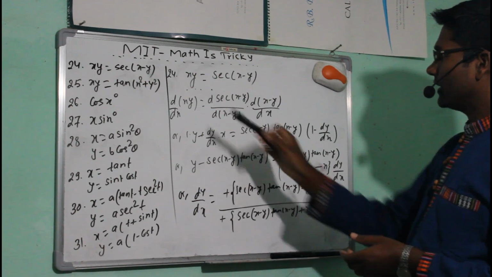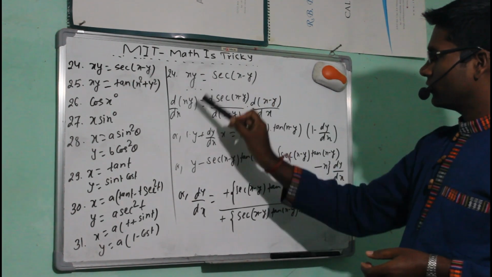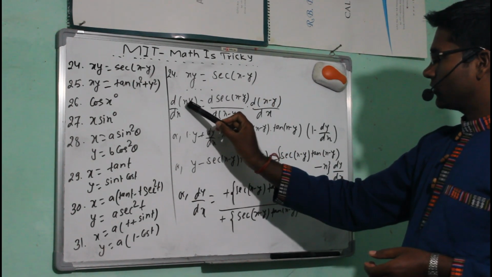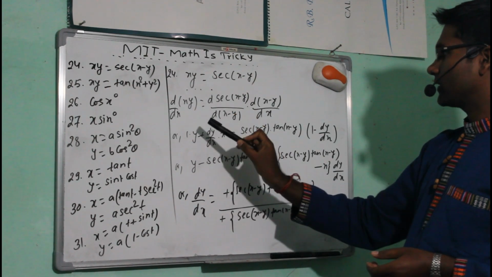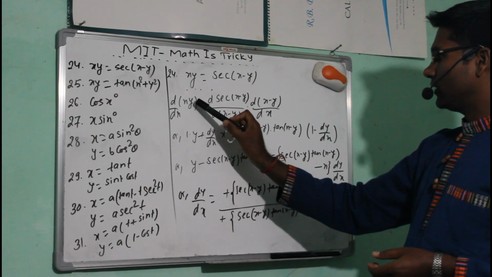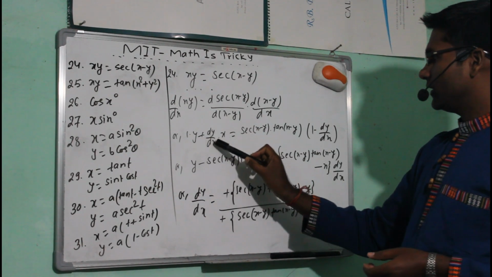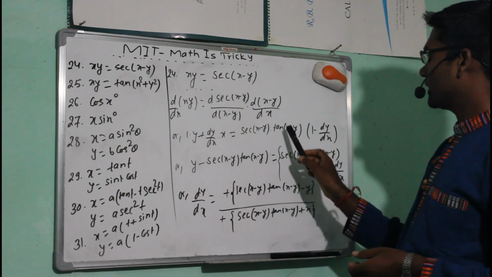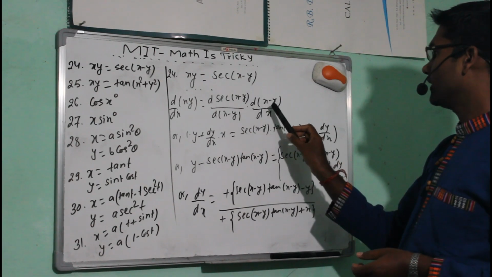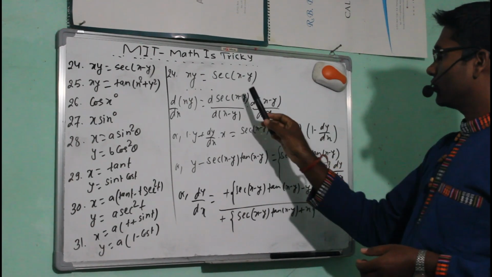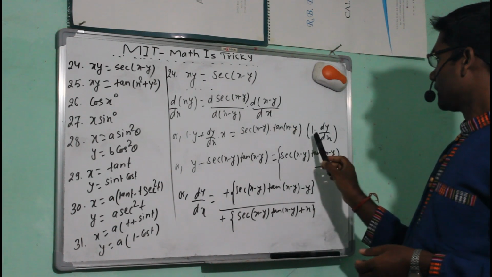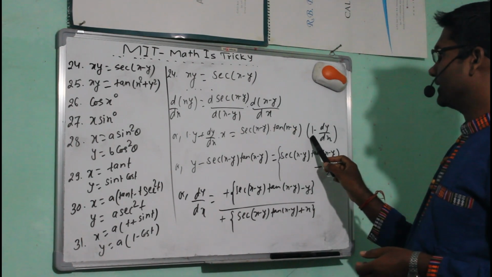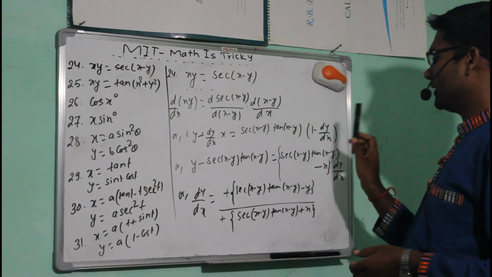So you can see the edit here. I have used the product rule. So the derivative of x is dx by dx, which is 1, and y, dy by dx into x. The derivative of sec x is sec x tan x, and then I have separated this so that you get the derivative of x as 1 and dy by dx.